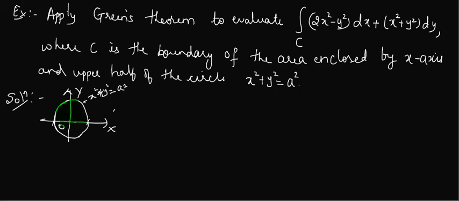Do you know how to evaluate a double integral by changing into polar coordinates? See, this is a circle, so if I change it to polar coordinates, what is the relation?